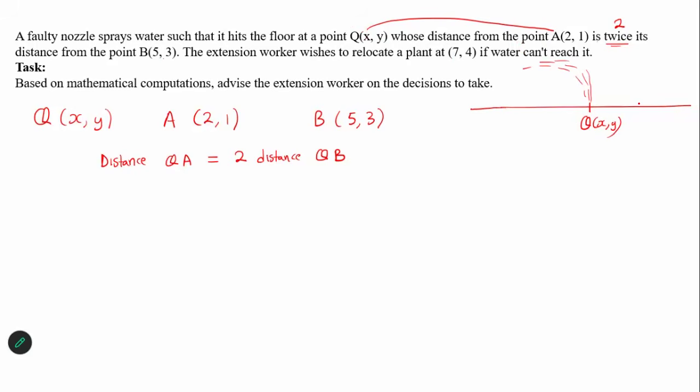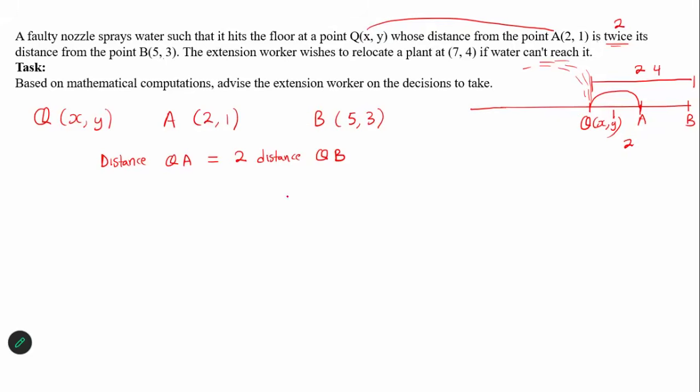There is a point A here, and there is another point B, maybe this side. They are telling you that the distance from Q to A is twice the distance from Q to B. In simple terms, if this is 1, this distance is 2. In case this is 2, this distance is 4.